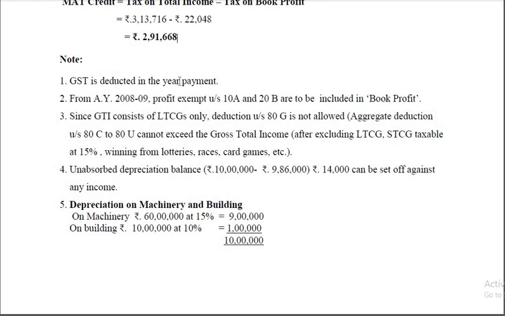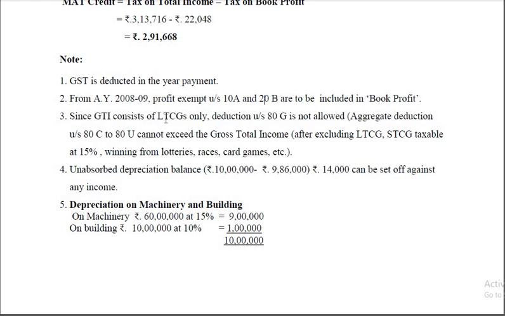GST is deducted in the year of payment. Then from assessment year 2008-9, profit exempt under section 10A and section 10B are to be included in book profit. That is why in this problem there is sale of goods exempt under section 10B. It is not 20B, it should be 10B. Okay.